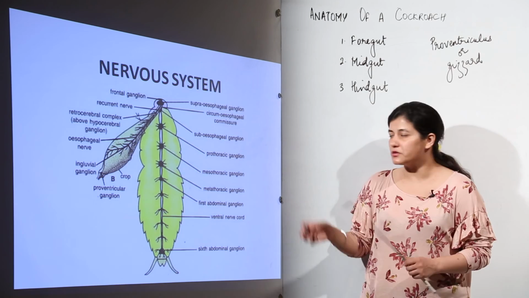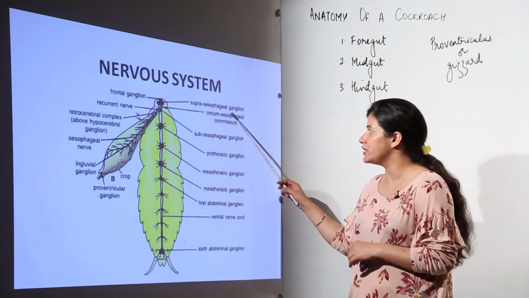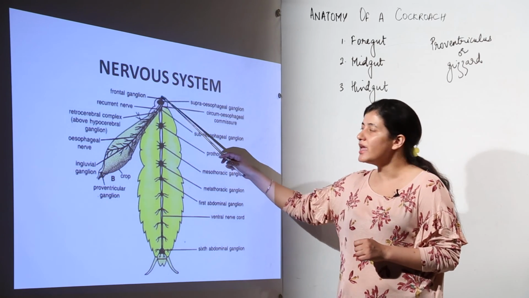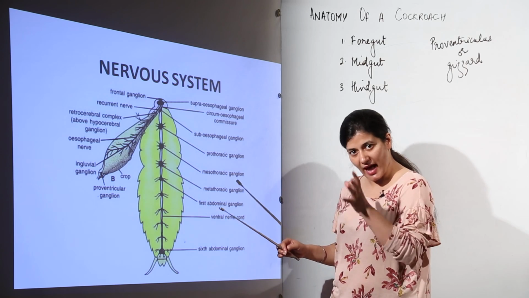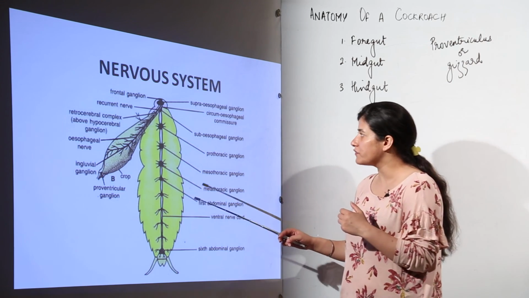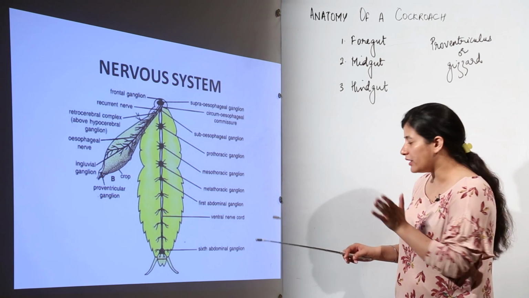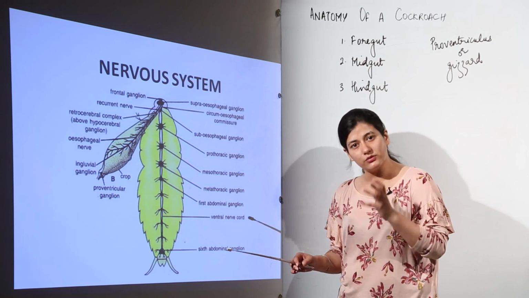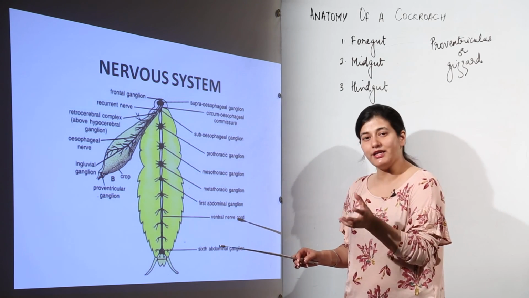So over here also, except for the brain part, that is the supraesophageal ganglion present in the head part, which supplies the nerves to the eyes and the antenna, sensory nerves of course, the rest of the ganglions are part of the ventral nervous system, which runs hand in hand in each segment.